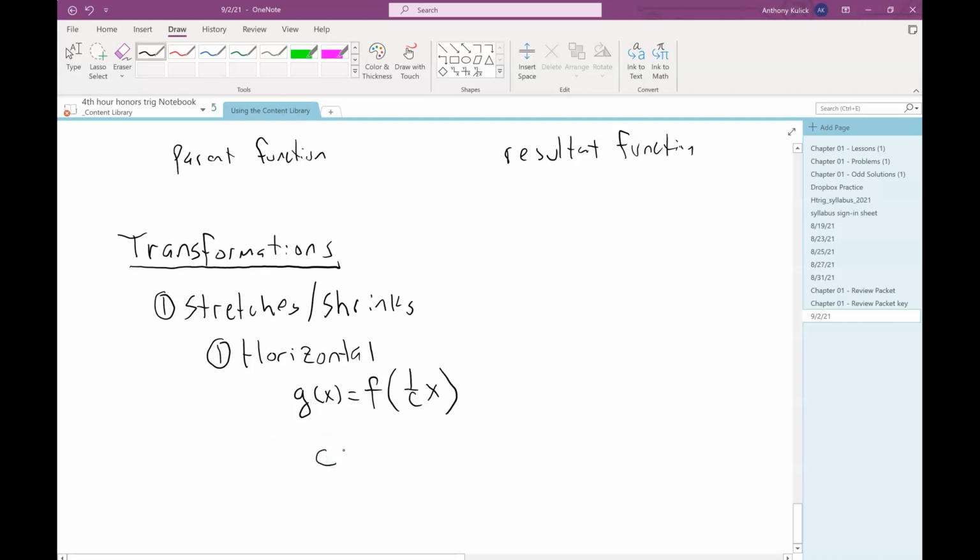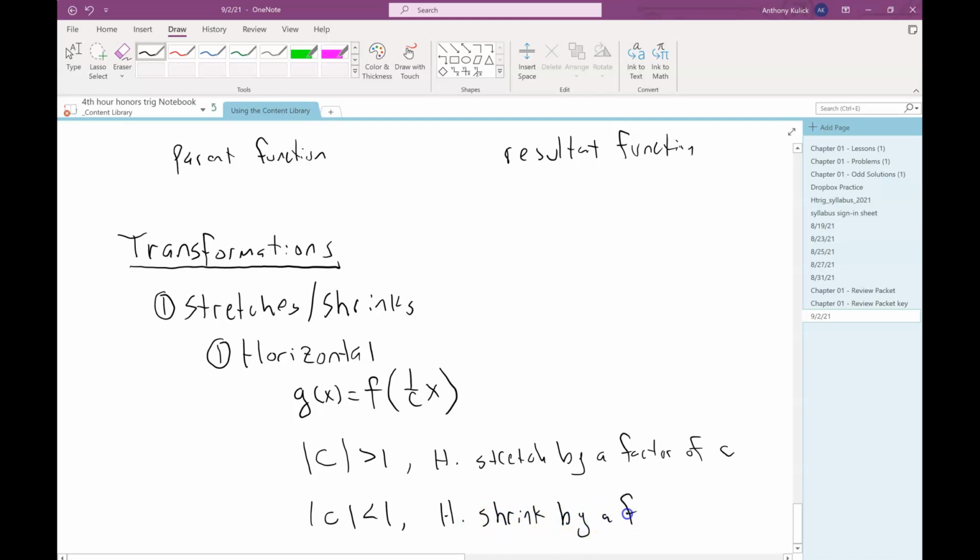If the absolute value of c is bigger than 1, that's going to be a horizontal stretch by a factor of c. If its absolute value is less than 1, it's going to be a horizontal shrink by a factor of c. If it's equal to exactly 1, there's no change, right? There's no dilation happening.